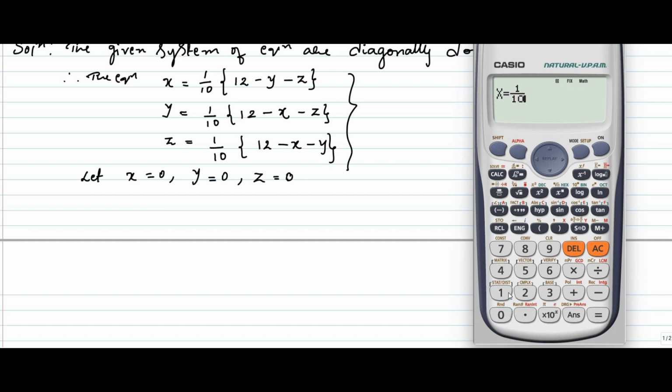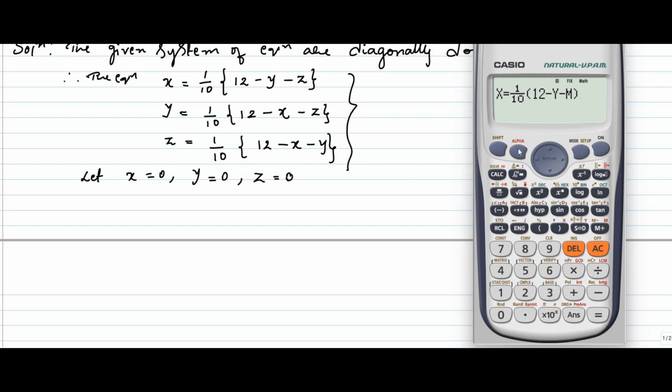Press 10, come out of the division symbol, then open a bracket, press 12 minus y is there, so press alpha y minus z. z is not there in your calculator, so I am using alpha m, close the bracket.